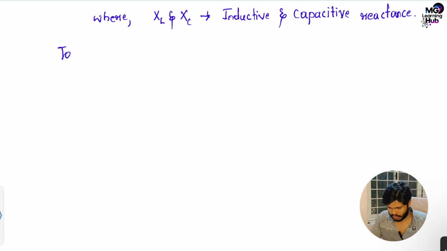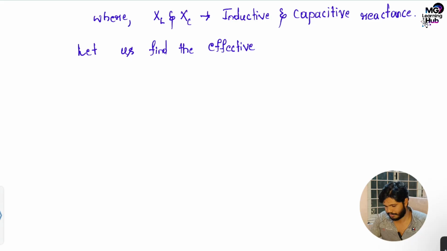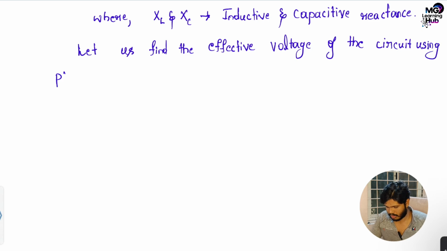Now let us find the effective voltage of the whole circuit, using phasor diagram. ಯೂಸ್ ಮಾಡಿಕೊಂಡು ಎಫೆಕ್ಟಿವ್ ವೋಲ್ಟೇಜ್ ನ ಕ್ಯಾಲ್ಕುಲೇಟ್ ಮಾಡೋಣ.